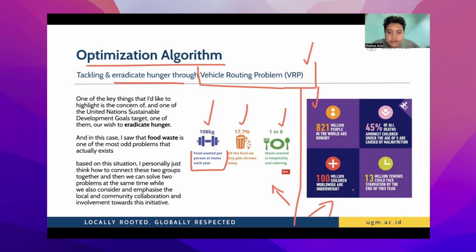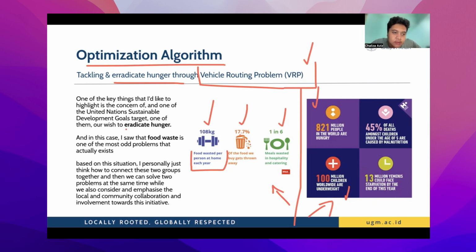They cannot get the food that they need. 100 million children are underweight. Again, they cannot get the nutrition that they need. Also, there are around 30 million Yemenis. This infographic was taken from Yemen. Around 13 million of them could face starvation by the end of this year.